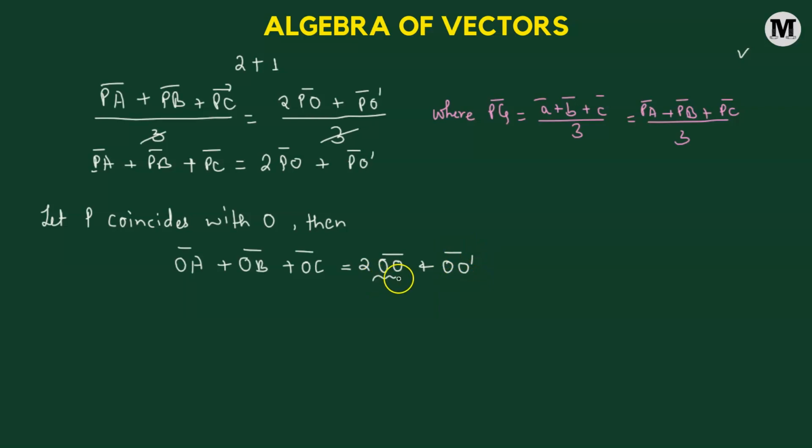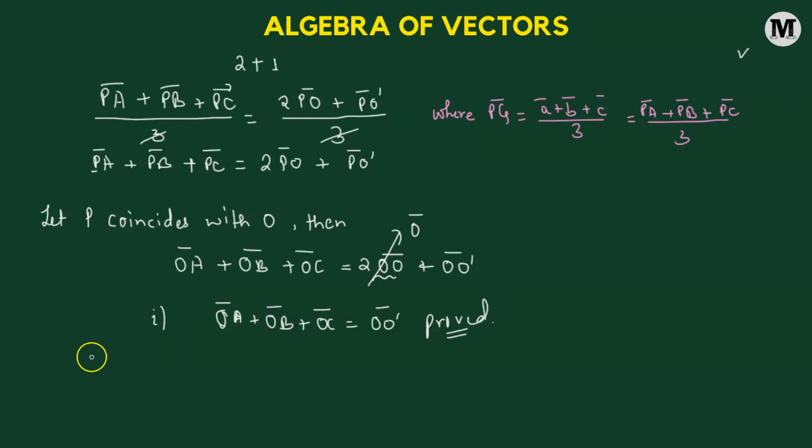Now what is OO vector? Here we just have the null vector because the point O is coinciding with itself. Then this vector is simply going to give us 0, the null vector. That means we now have OA vector plus OB vector plus OC vector equal to OO prime vector. So this proves the first part. So our first part is done.